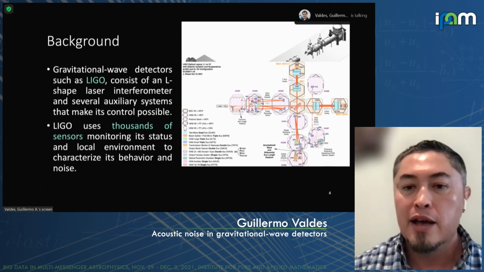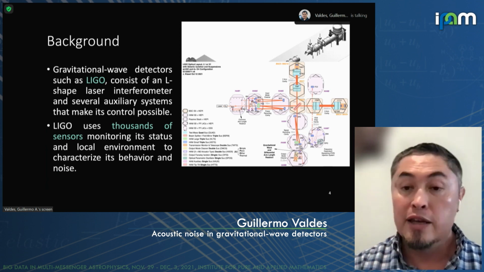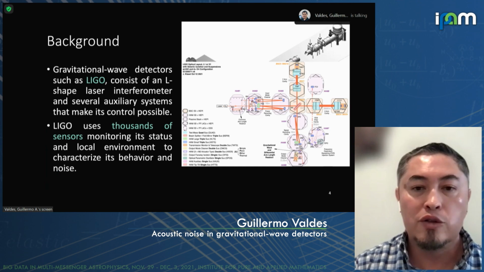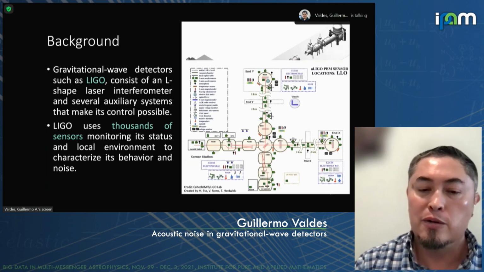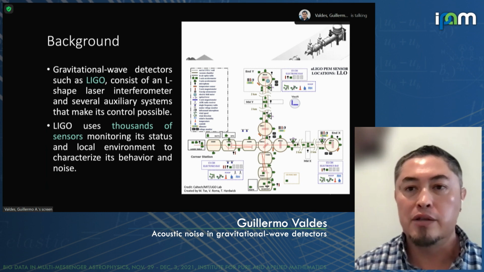Here we have a slightly more complicated diagram that has the mirrors and the laser. But what I want to show with these images is that it's not only the interferometer. We have several systems, but also thousands and thousands of sensors.